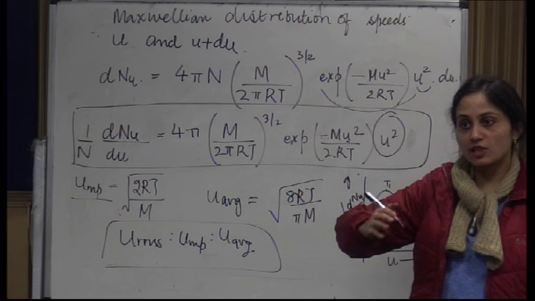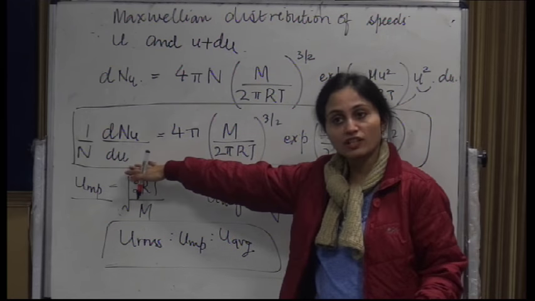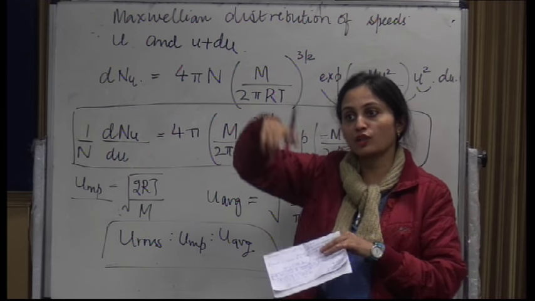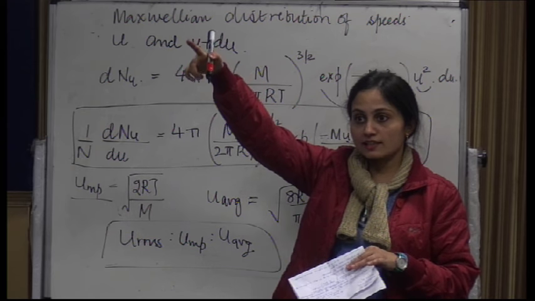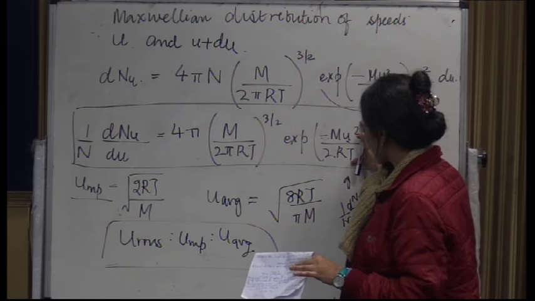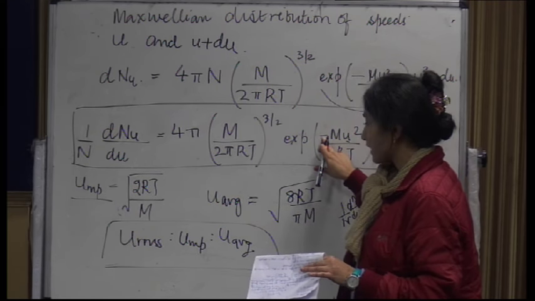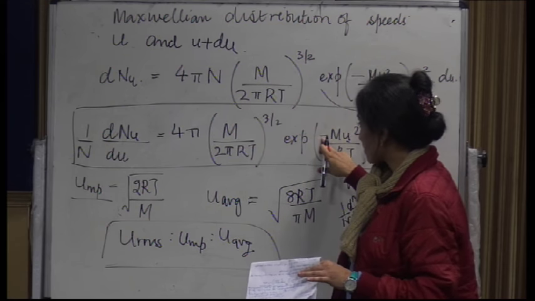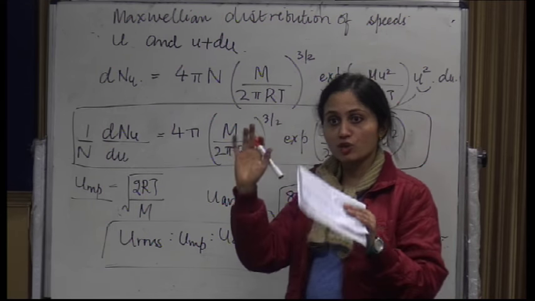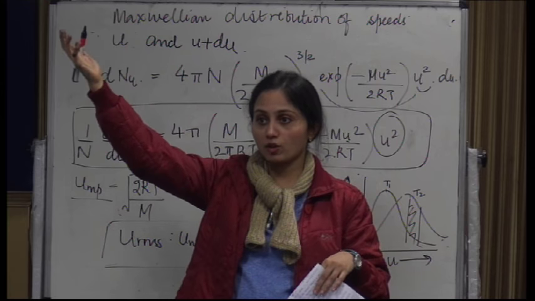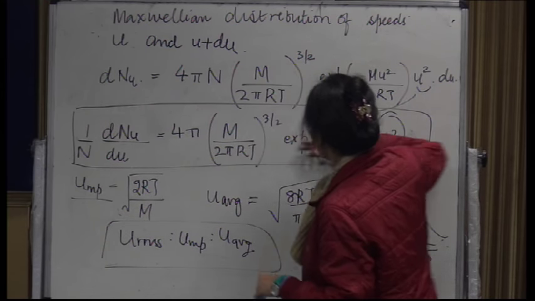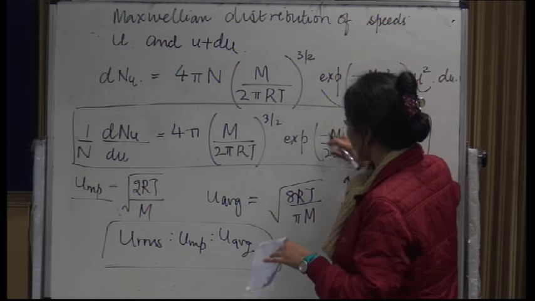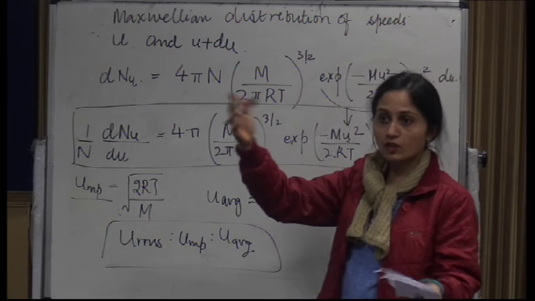As the speed increases, this fraction is also increasing as per your u square. Till this point your minus sign was such that it was not making your exponential factor go very large. So up to that time the u square factor was not as operative.